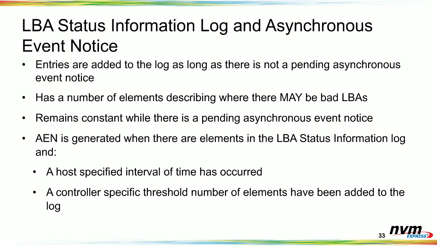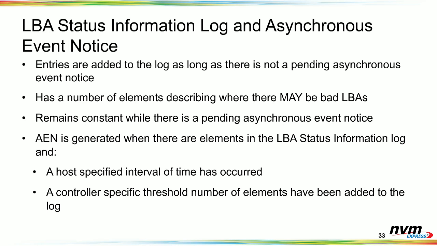What this means is once I generate an AEN from the controller to the host, I will not continue adding new entries into that log, so that the log page stays constant while the host attempts to recover those bad logical blocks. The log has a number of elements describing where there may be bad logical blocks.